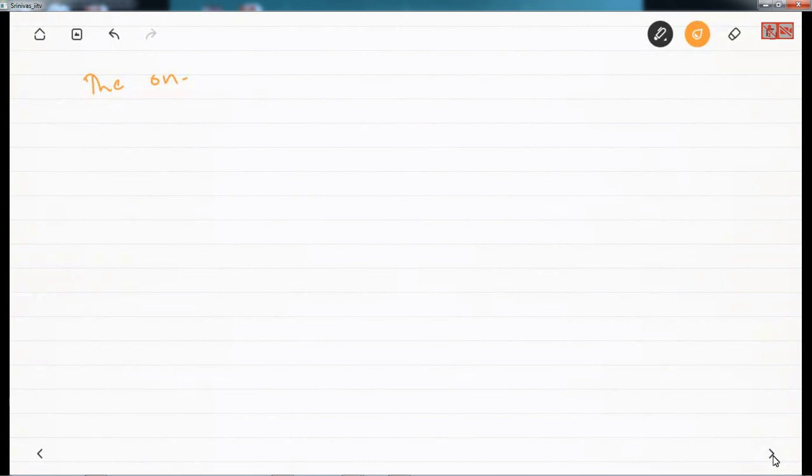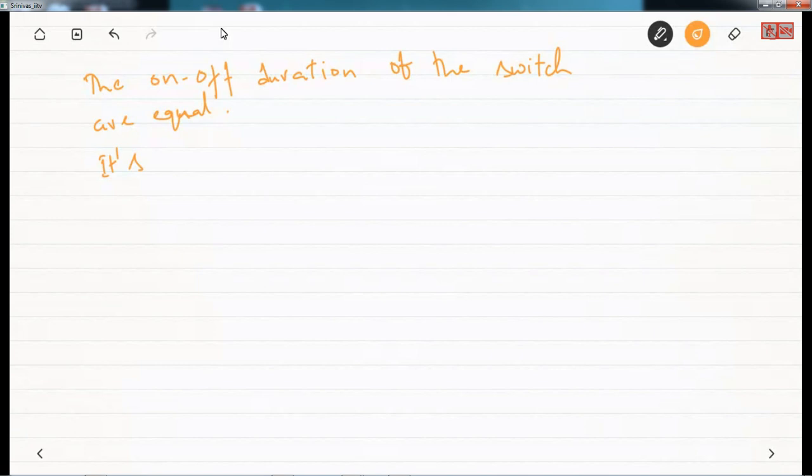The on and off durations of the switch are equal, and it is on and off at a frequency of fc hertz.